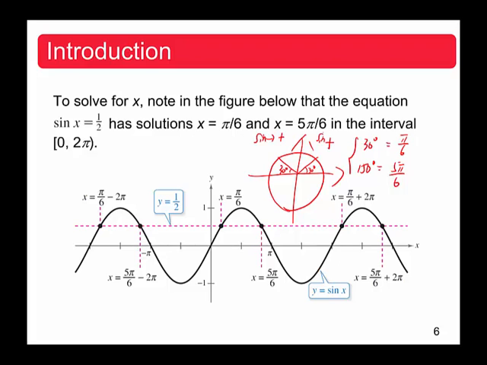So at least in the first revolution, you have 2 solutions. If you add or subtract 2 pi, you get infinitely many solutions. So the general solution here is pi over 6 plus 2n pi, where n is an integer, or 5 pi over 6 plus 2n pi, assuming n is an integer.